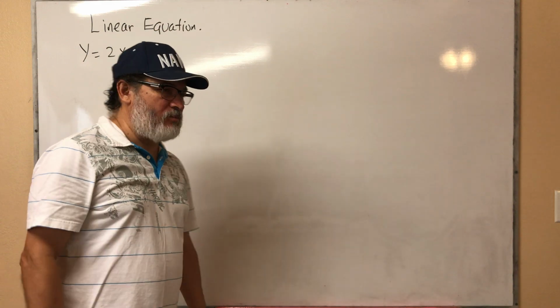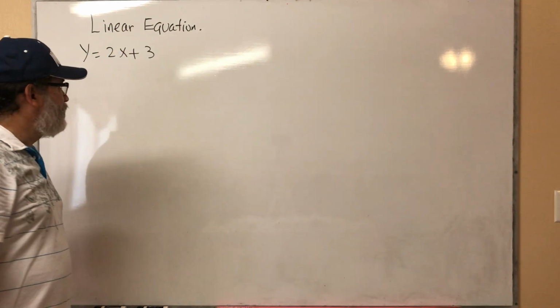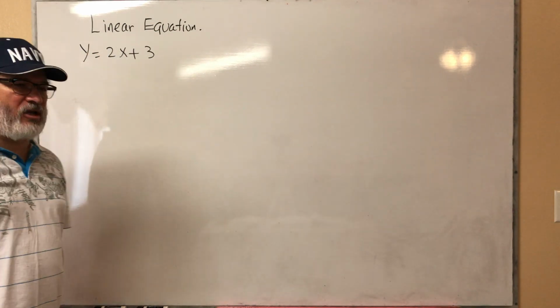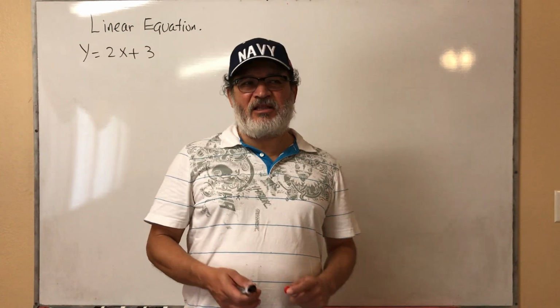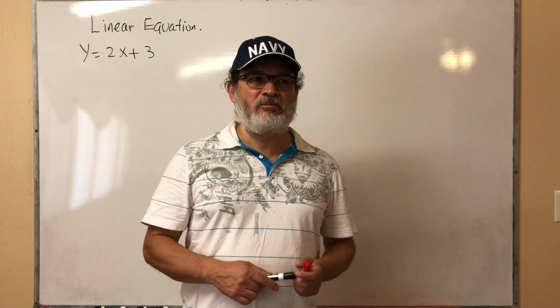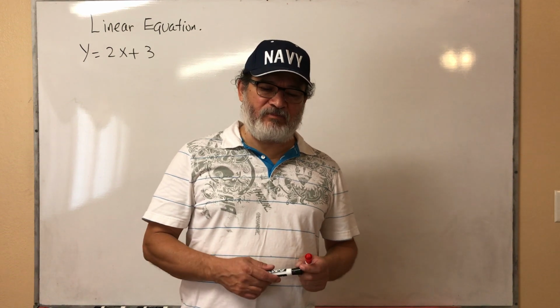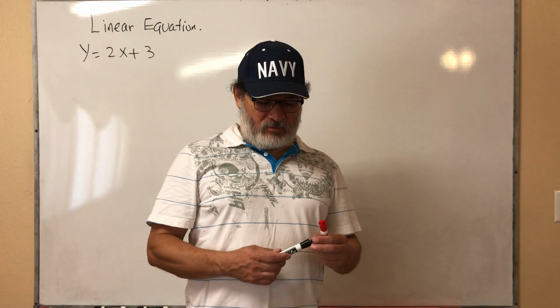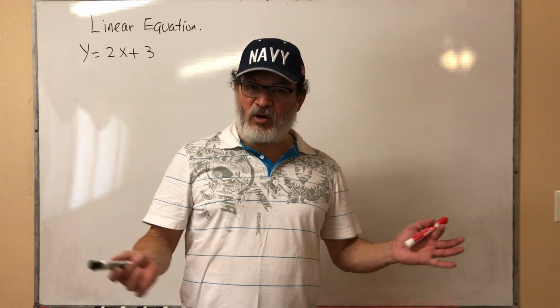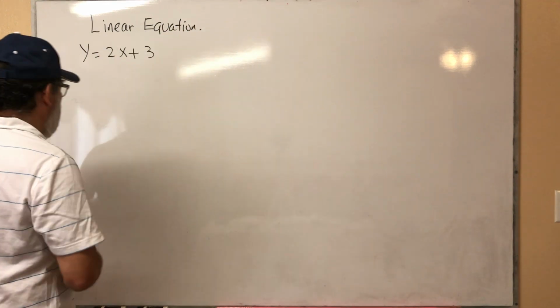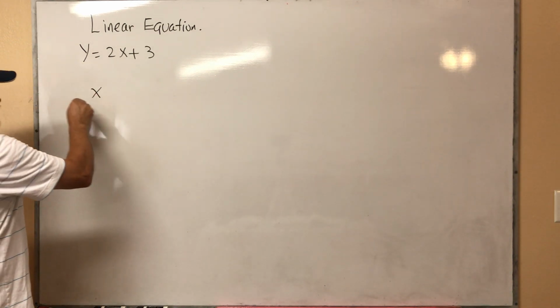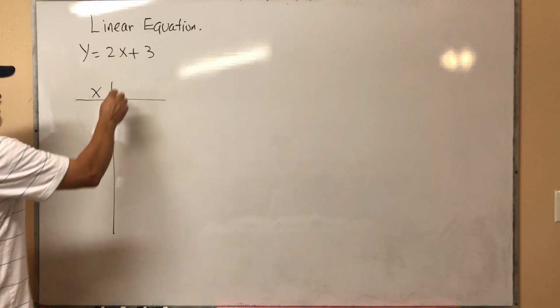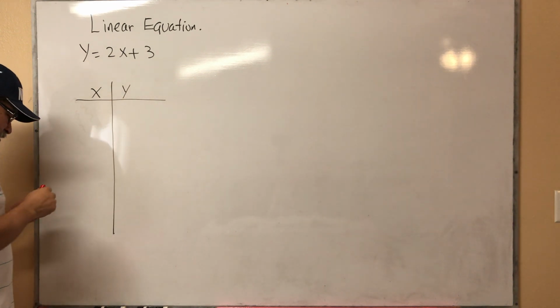And so therefore, to graph this linear equation, we have to find points that satisfy the equation. So we're going to find points. There's different ways. Let's make a table. That's one way. So here is the x variable, and here is the y variable.